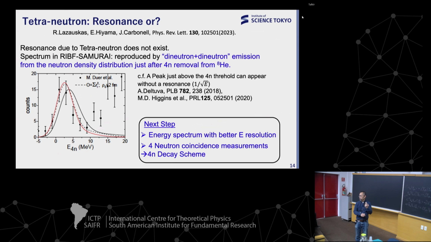In several projects, well, at least 2 projects are going. And with that, we can also determine the 4 neutron decay scheme. For instance, if the 4 neutron decays like 2 neutrons, probably we can look at such decay modes also.